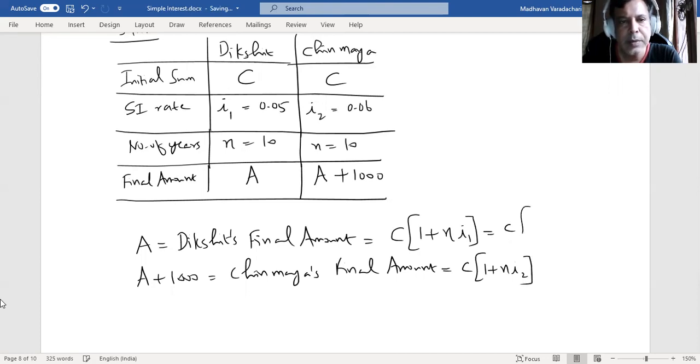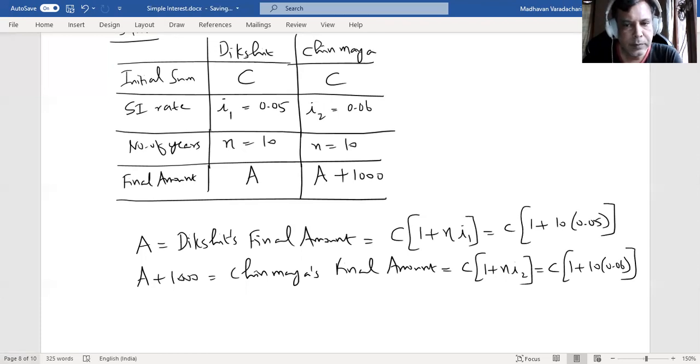So C times 1 plus 10 times 0.05. C times 1 plus 10 into 0.06. So we have A equal to 0.05 into 10 plus 1.